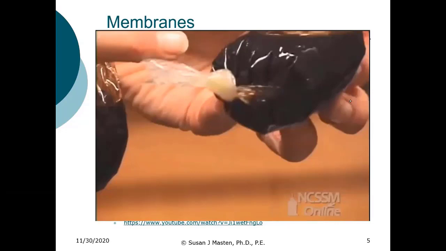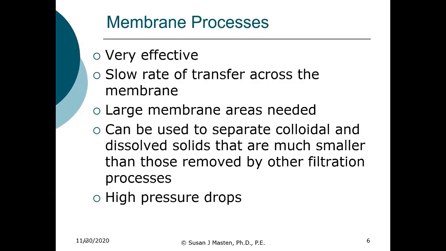So it tries to give you a sense of what we're talking about when we're talking about semi-permeable membranes. So membrane processes are extremely effective. They're effective at removing a variety of contaminants depending on the type of membrane we're using. The problem is that the rate of water flow across the membrane is slow. So we need a large membrane area, and that presents some significant challenges.